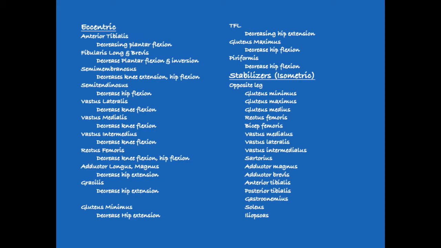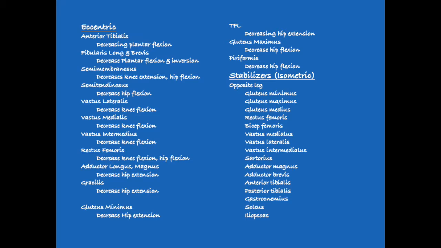Muscles that are concentrically contracted as the prime movers are the gastroc, the tibialis posterior, the gracilis, the gluteus minimus, the tensor fasciae latae, or the TFL, the sartorius. The secondary movers are the biceps femoris, the adductor brevis, and the soleus.